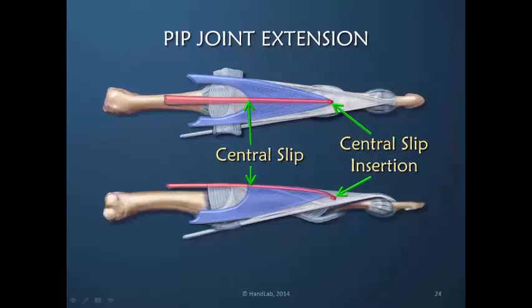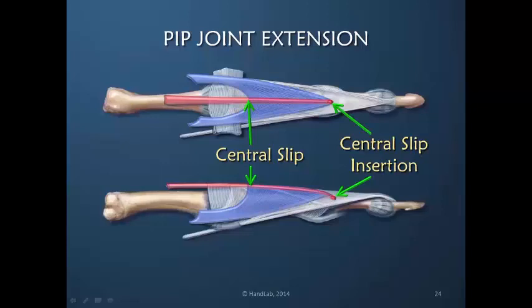Now the central slip and the central slip insertion are assumed by many to be the core power for PIP joint extension.